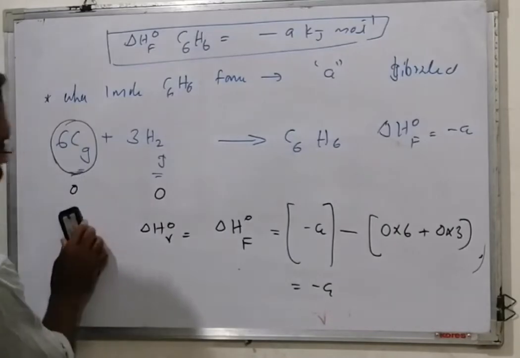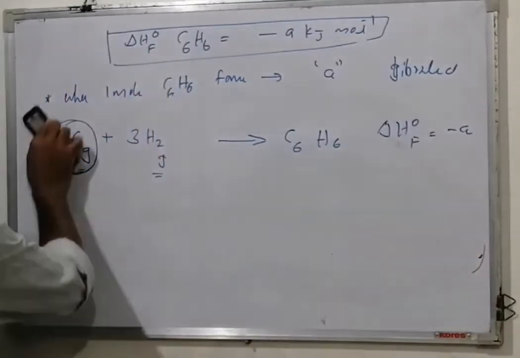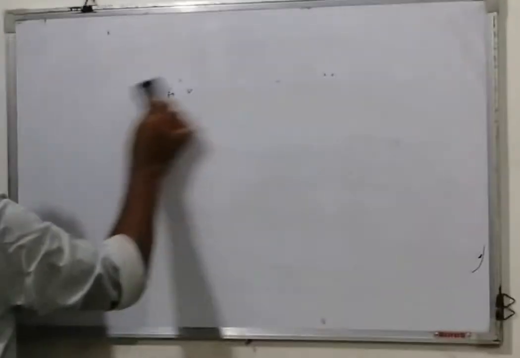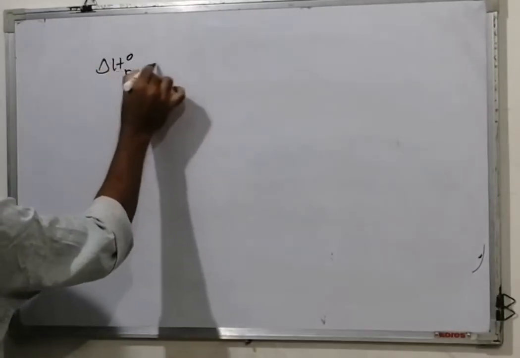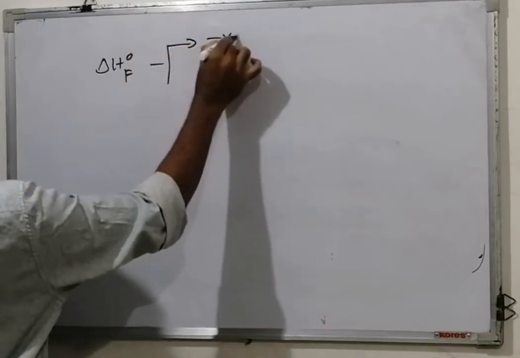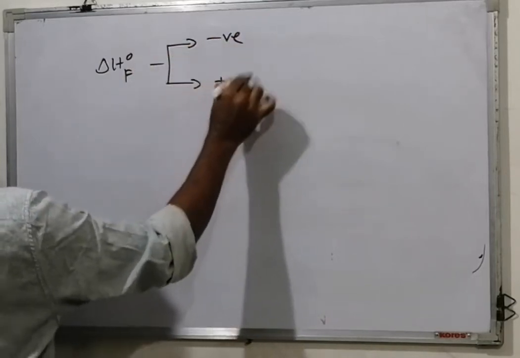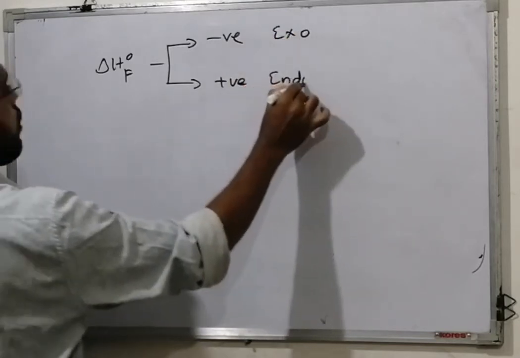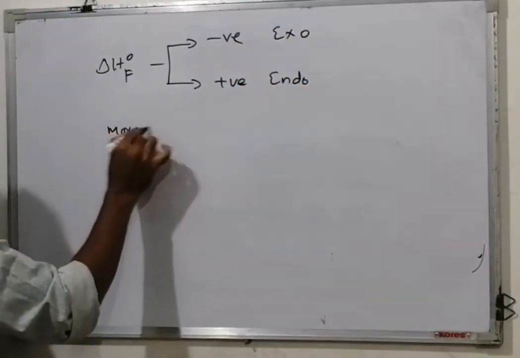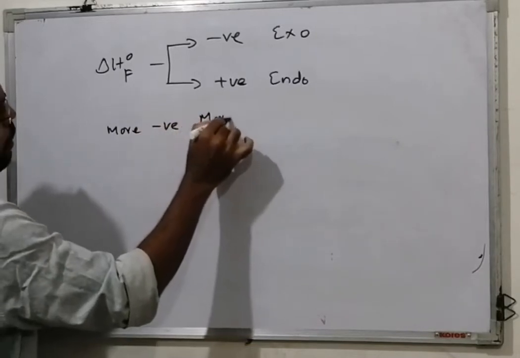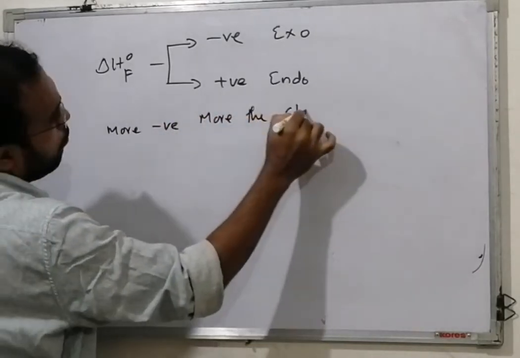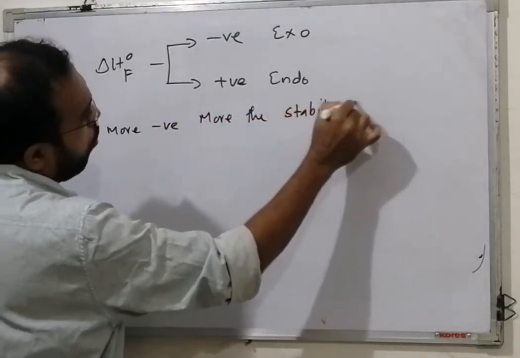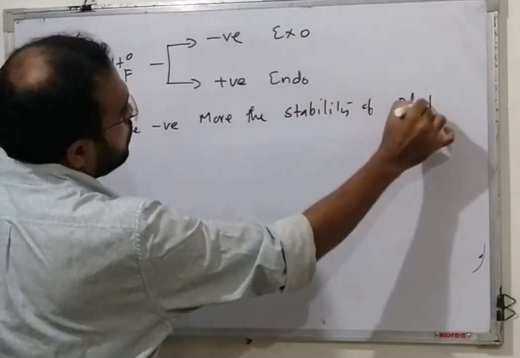Delta H0 formation can be negative as well as positive. It need not be always negative. Negative means exothermic, positive is endothermic. More negative, more the stability of product.